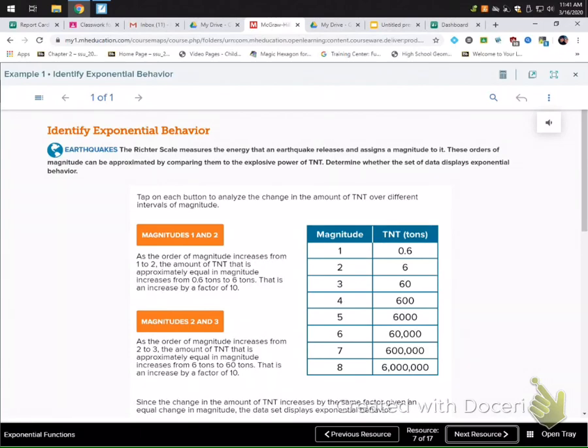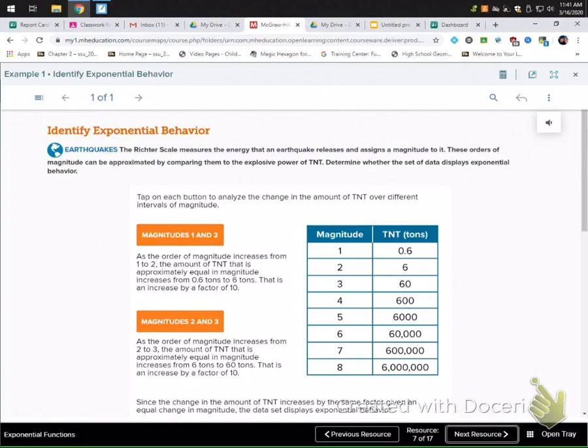So looking at this, look at what's happening. It was 0.6, then it jumps up to 6, then it jumps to 60, then it jumps to 600. So as the order of magnitude increases from 1 to 2, the amount of TNT that is approximately equal in magnitude increases from 0.6 tons to 6 tons. That's an increase of a factor of 10.